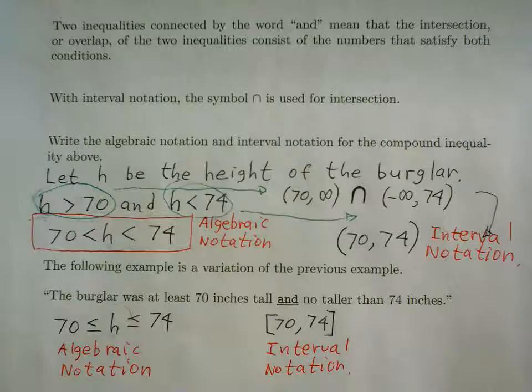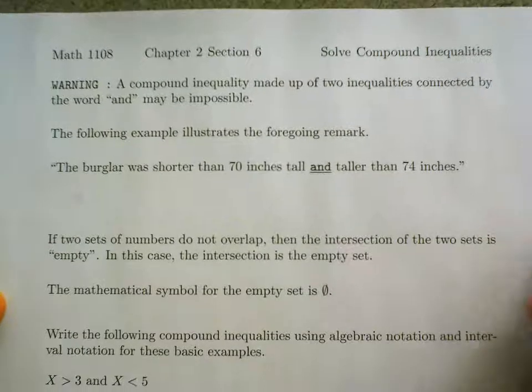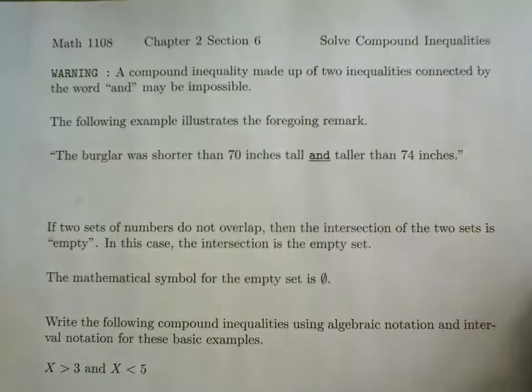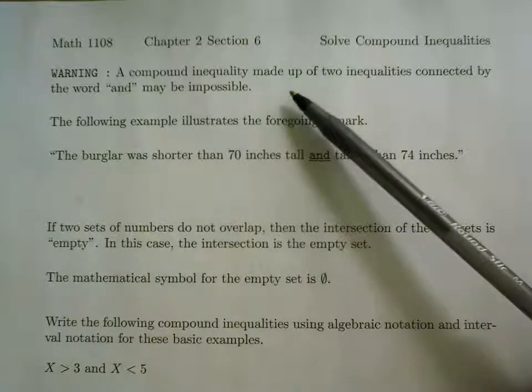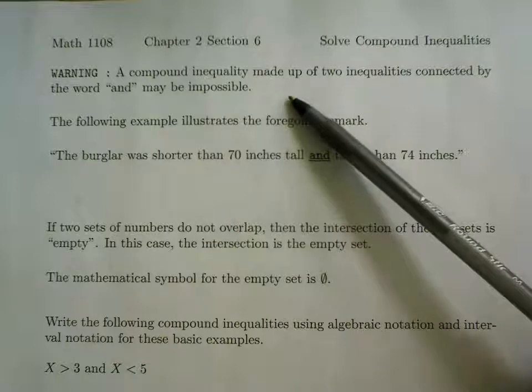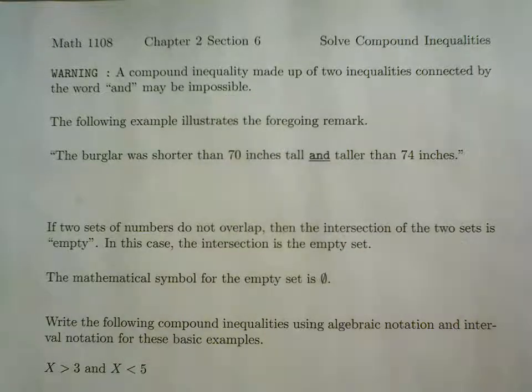Okay, let's look at the next page. We see a warning at the top. Warning: a compound inequality made up of two inequalities connected by the word and may be impossible.